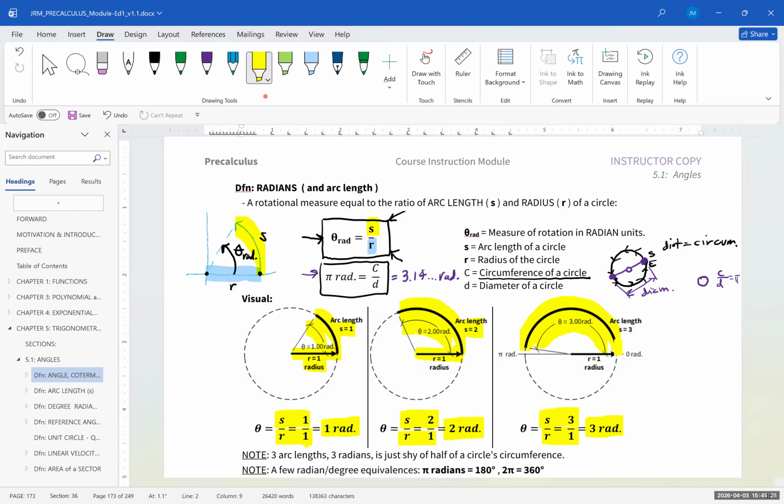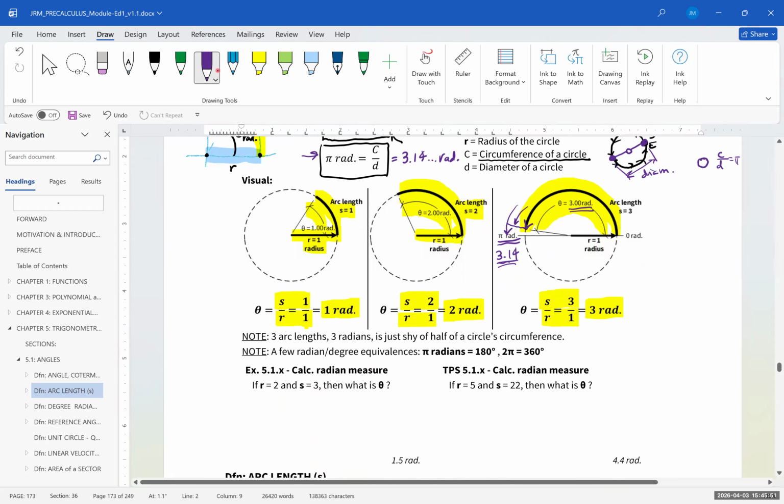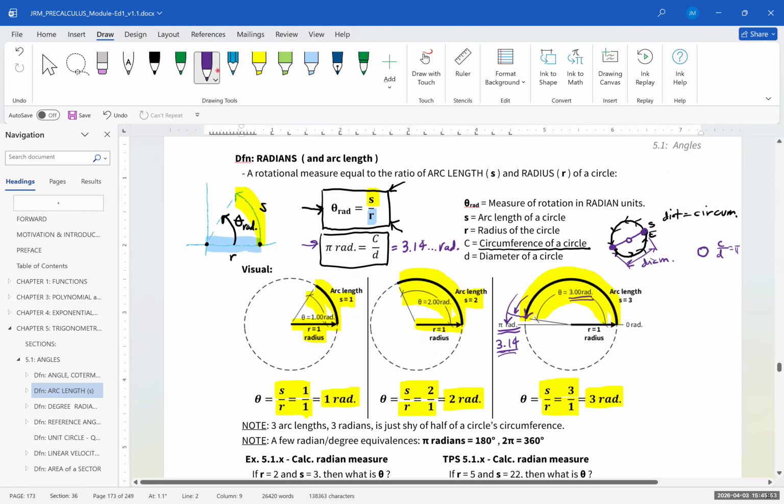And notice that 3 radians around is almost halfway around the circle. Halfway around the circle is actually pi radians, which is 3.14. 3 is almost 3.14 radians around.